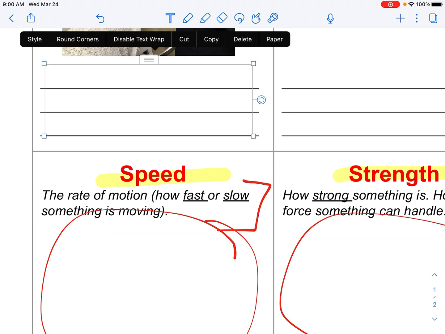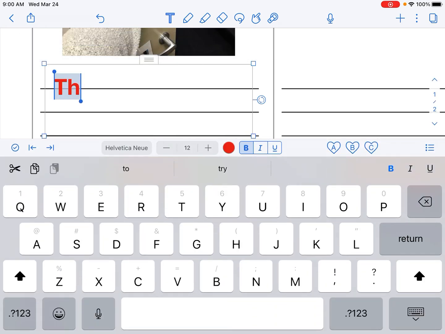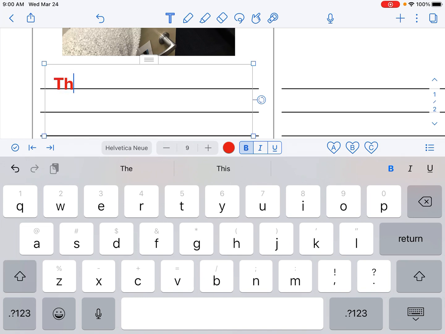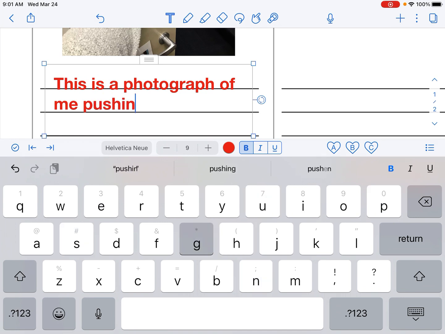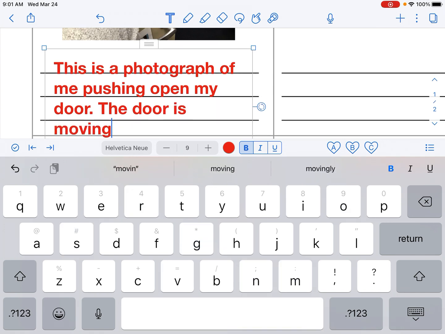I would write something like, this is a photograph of me pushing open my door. The door is moving.